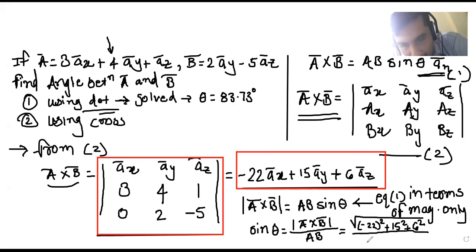What was the value of a? It is under root 26. And what is the value of b? It is 29. Correct. So do the calculation on the calculator and tell me the value of sine theta.